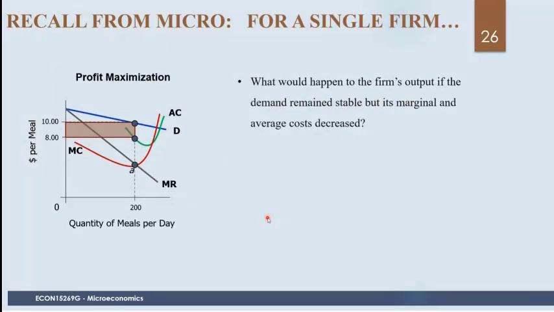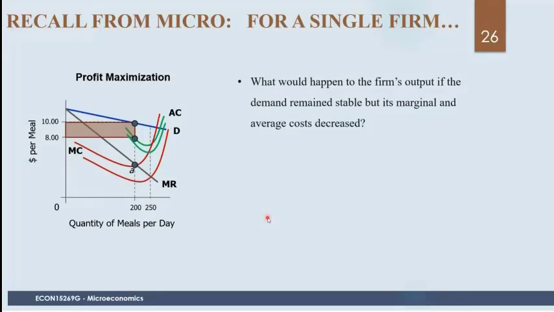And again, we can also think about profit maximization in the micro example. What would happen to the firm's output if the demand remained stable, but its marginal and average cost decreased? If your costs decrease, the curves are going to shift down.